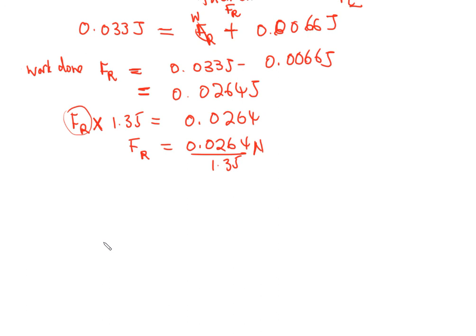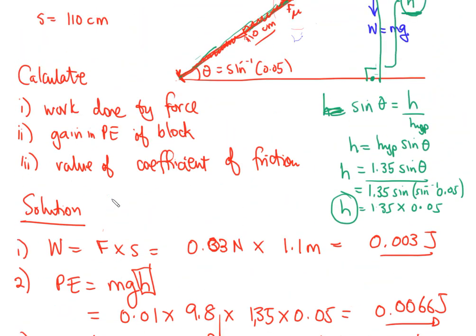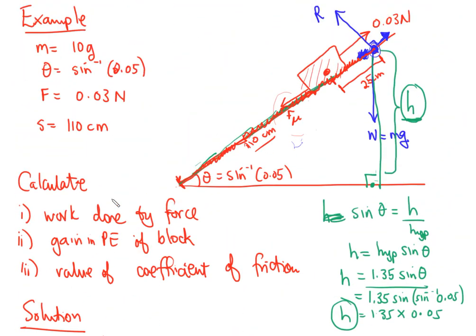So now, from an equation, I think we discussed this equation. Friction is always calculated by mu times the reaction force. What is the reaction force? If we look at this diagram here, what is the reaction force?